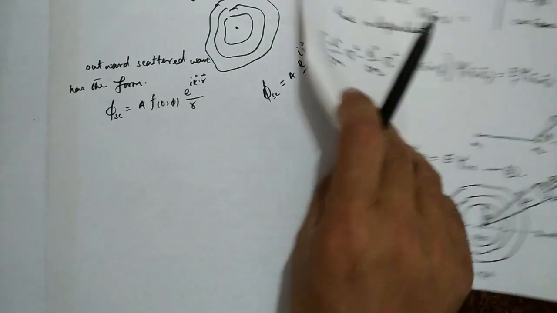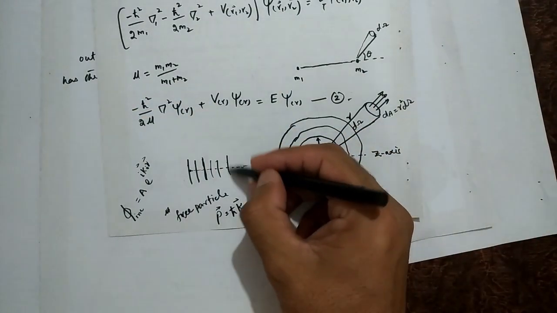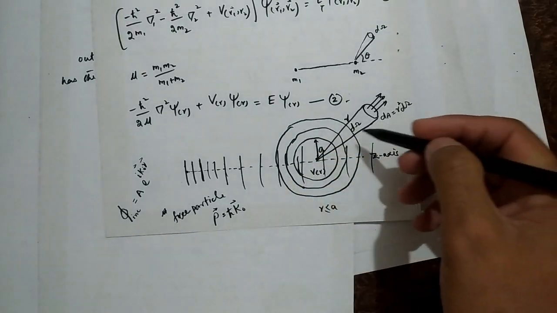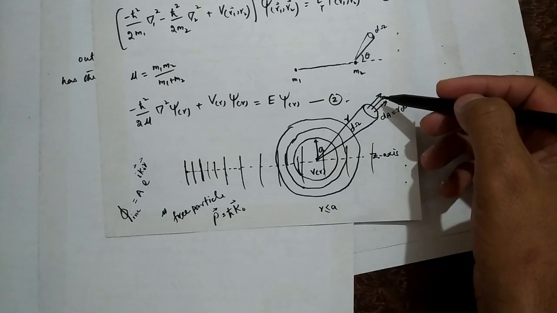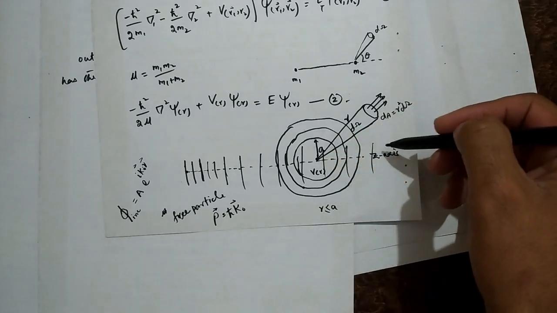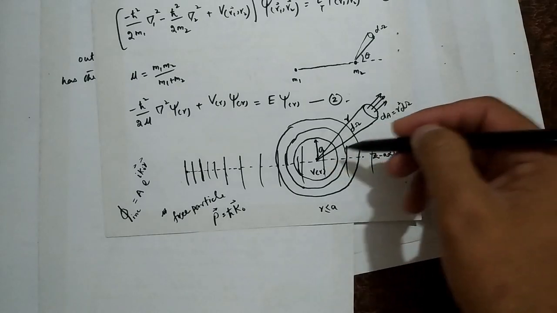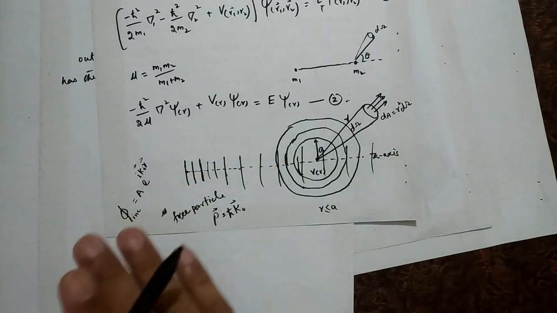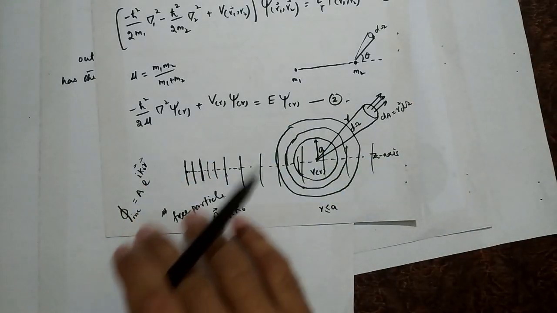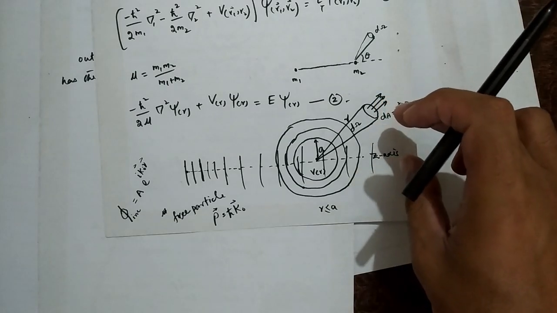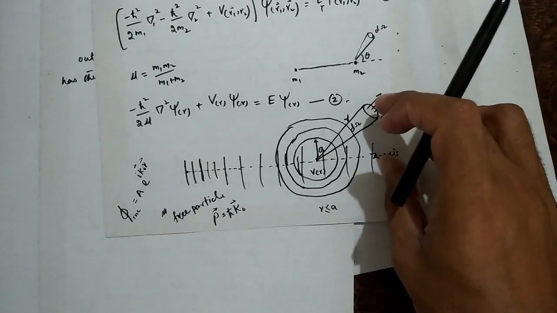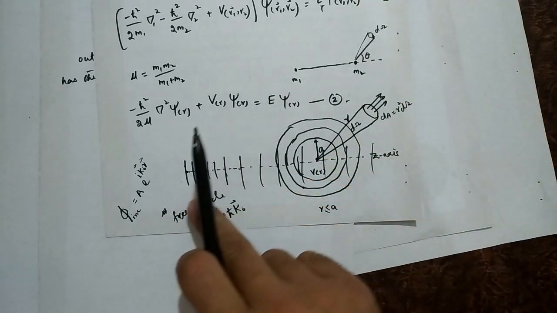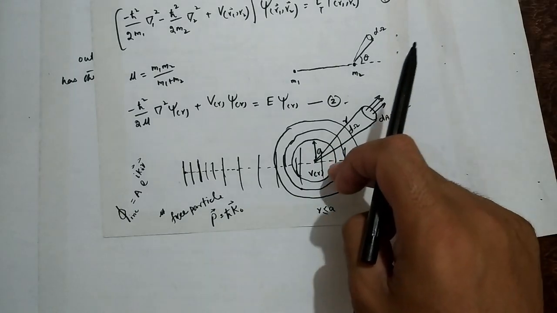Now here in this direction, some of the waves arriving in this region, some of the incident wave are scattered in this direction and some might not be scattered and are unaffected by the potential region and approach to the right along the z direction. So the total wave here in this region will be the superposition of both the incident wave and the scattered wave.